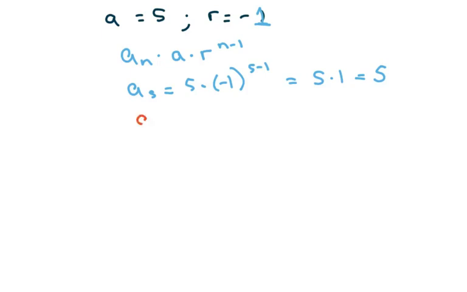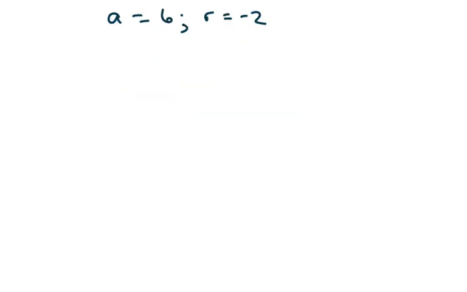And my nth term is just going to be my first term times negative 1 to the n minus 1. That means whenever you have an n now, you can plug it in and evaluate.